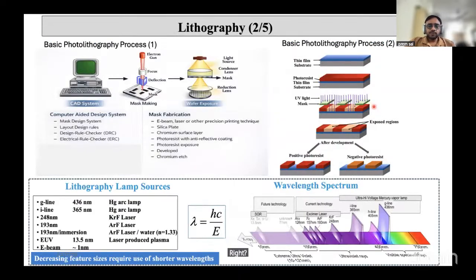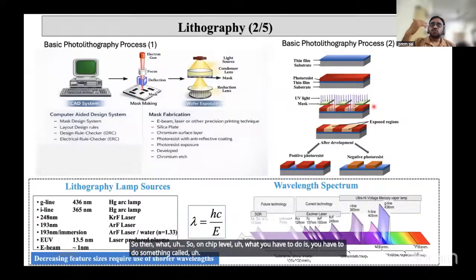So before going for this lithography, you need to design the mask. There are softwares like Clevin or K-Layout. So people just design the mask. It is like drawing rectangles based on your design. Then on chip level, you have to do something called a design rules checker.